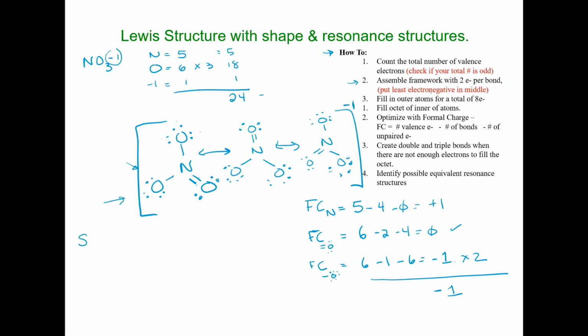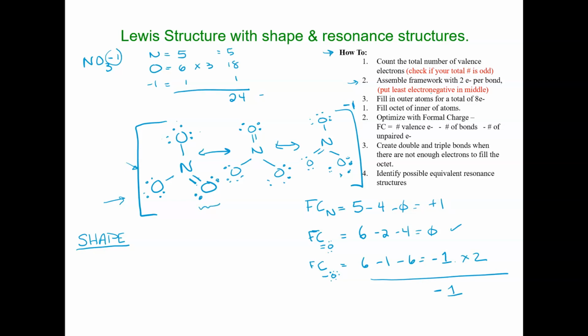We also need to talk about the shape of nitrate. Nitrate has 3 electron groups. Each of the oxygens with a single bond is an electron group, and then also the oxygen with a double bond.